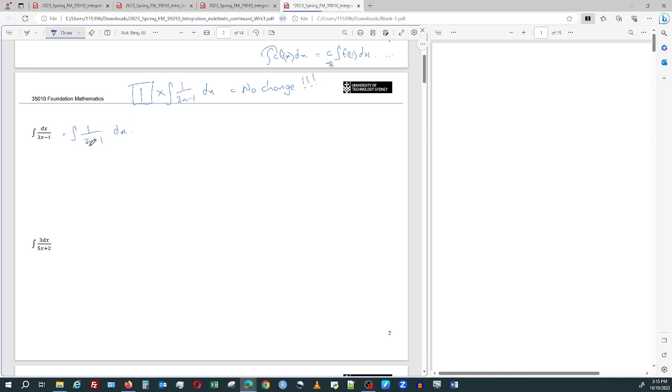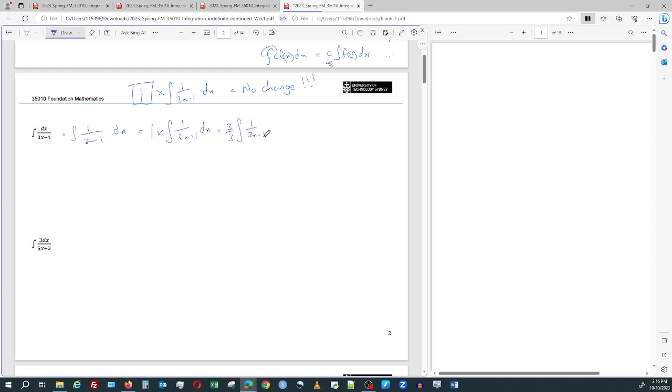So let's see, is it the form of f dash of x over f of x? No, it's not. Because the derivative of 3x minus 1 is 3, and 3 is not on the top. So we need to introduce a form of 1 where we multiply by this integral such that it doesn't change it. Now, we've done this quite a lot in other areas. So the form of 1 that we're going to use is 3 over 3.